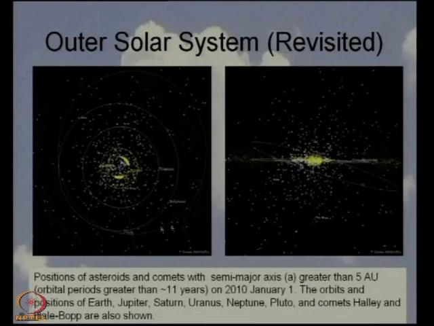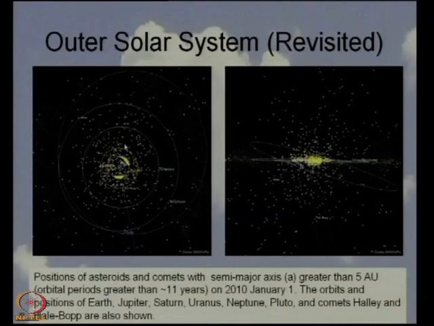Pluto's orbit, you can see, goes around like this, quite far away, okay, and the orbits of the comets Halley and Hale-Bopp are also shown over here. So you can make out the orbits that go far away are Hale-Bopp and Halley. Okay, this is comet Halley, which is shown in this picture.